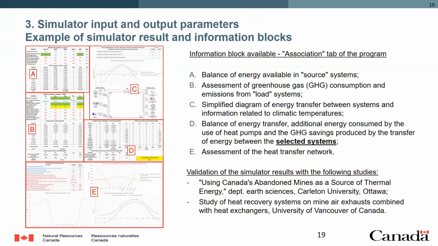Then block C is a simplified diagram of the energy transfer between the systems that you're considering, and it also shows the climatic temperature profile for the site, for the place that you're considering. D is the balance of the energy transfer between the selected systems, and E is the assessment of the heat transfer network.